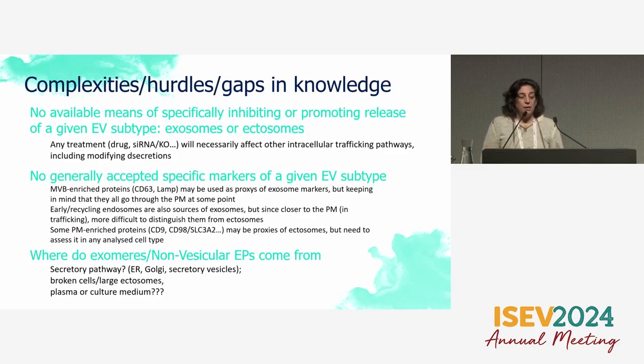Then another big question that remains, since the exomeres or the non-vesicular EPs have been described, is where do they come from? Where are they secreted from in the secretory pathway? Are they really coming from live cells, or are they byproducts of broken cells or from the medium? So that remains a big question.